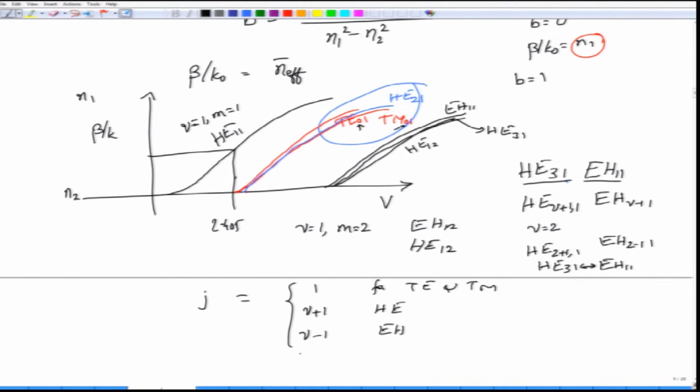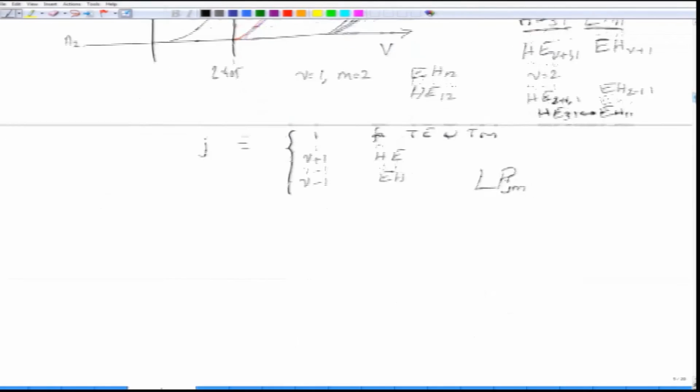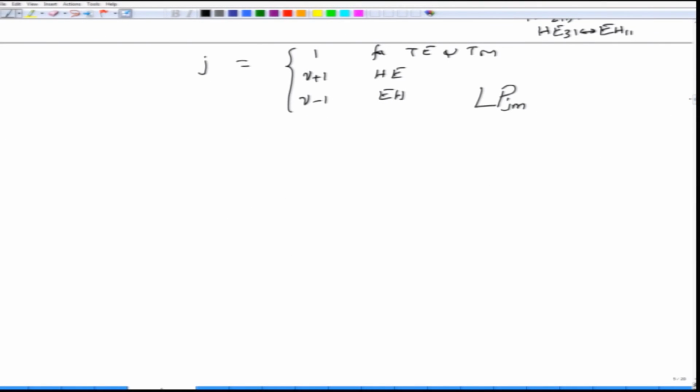Okay. So, my modes are going to be written as LPJM modes. Although we are writing this as LPJM modes, you can actually think of them as the result of a combination of TE0M, TM0M, HE nu plus 1 M and EH nu minus 1 M modes.